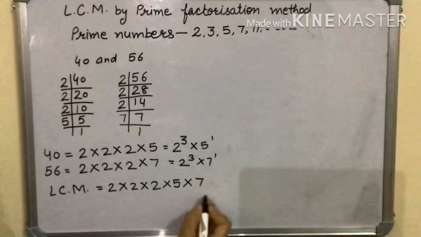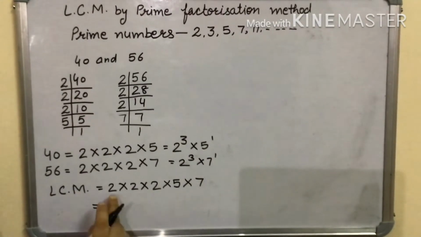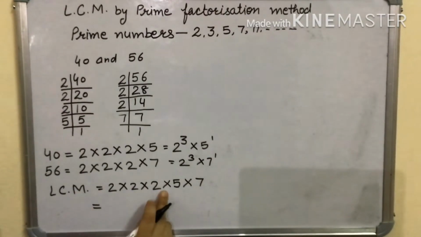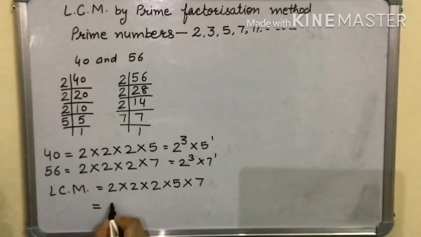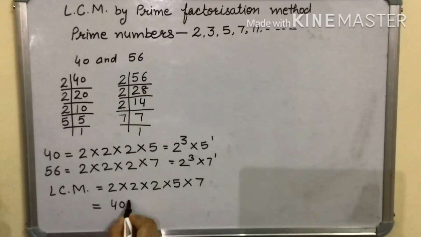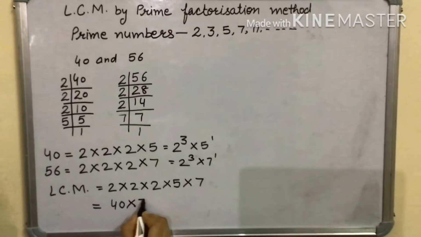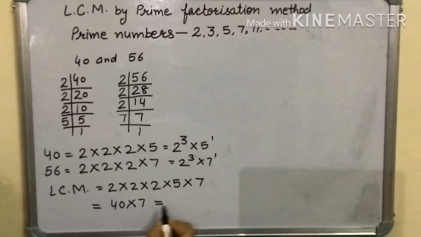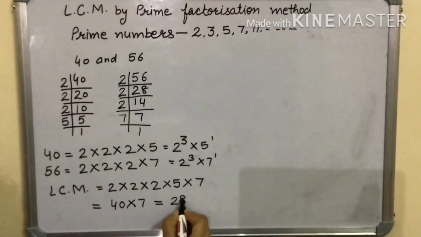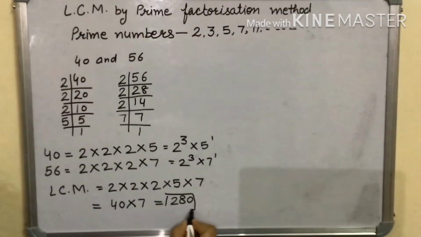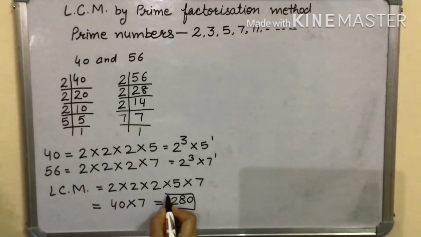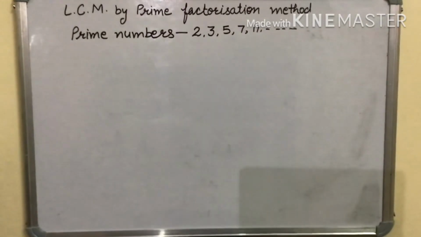Now we will multiply all these numbers. 2 twos are 4, 4 twos are 8, 8 fives are 40. We will multiply 40 by 7. Then we get 4 sevens are 28 and 0. So this is the LCM of 40 and 56.